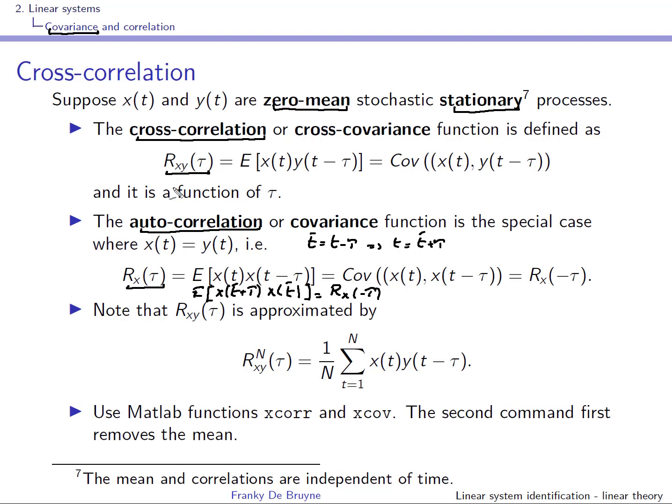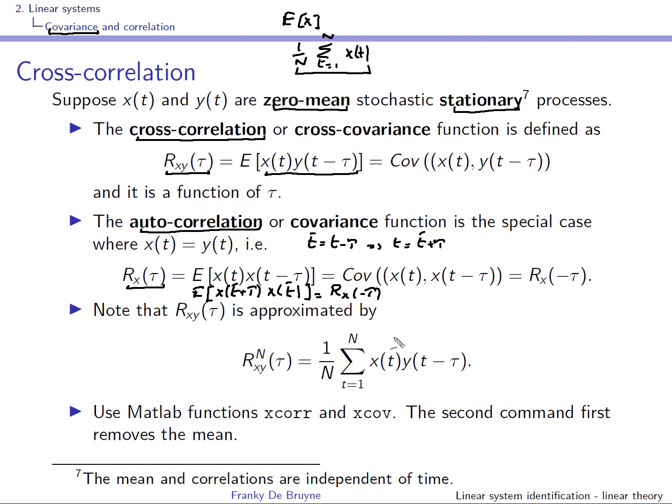So how can you compute the cross-correlation and the autocorrelation? Well, you remember that the expected value of x, if you have a finite set of data, can be approximated by 1 over n times the sum for t equal to 1 to n of x of t, right? So if you look at the definition of, for instance, cross-correlation, it's the expected value of this product over here.